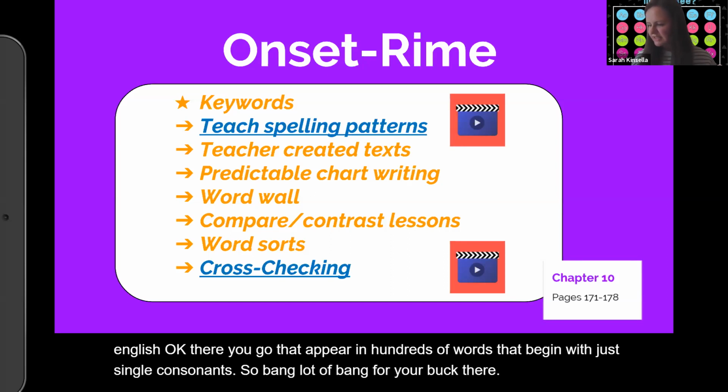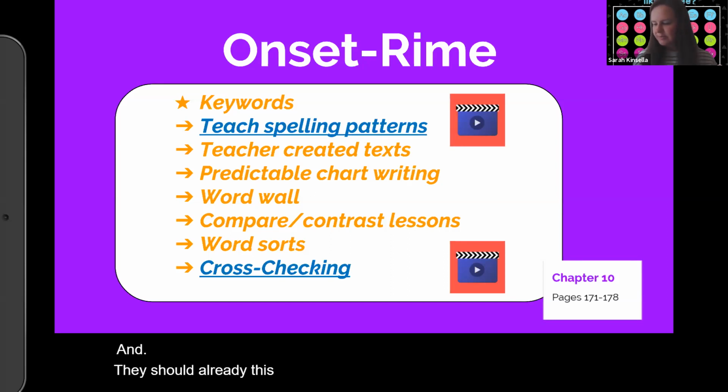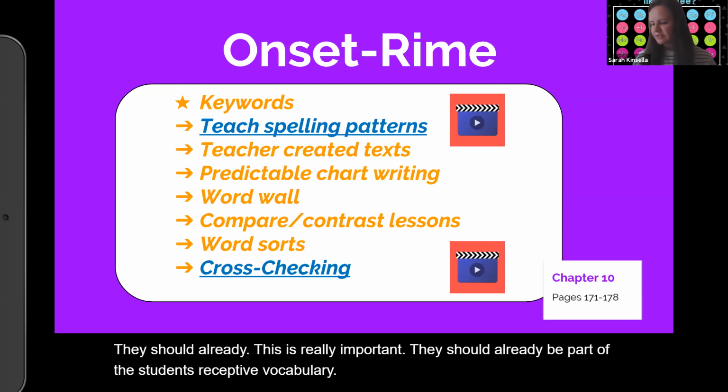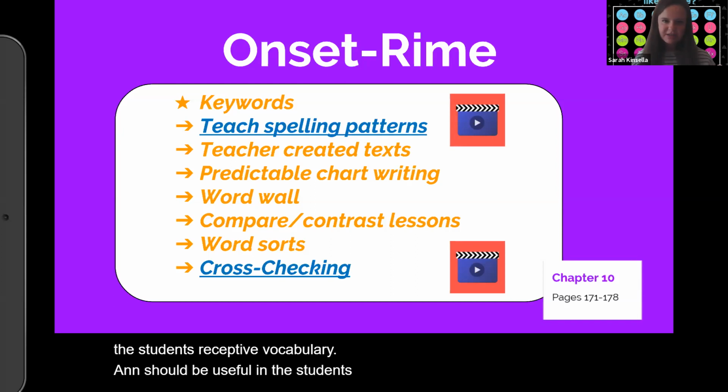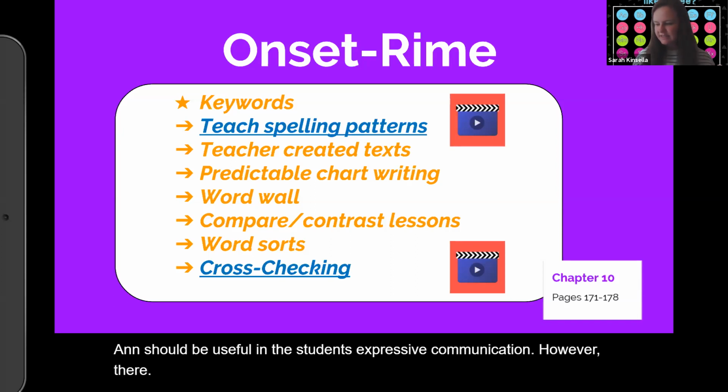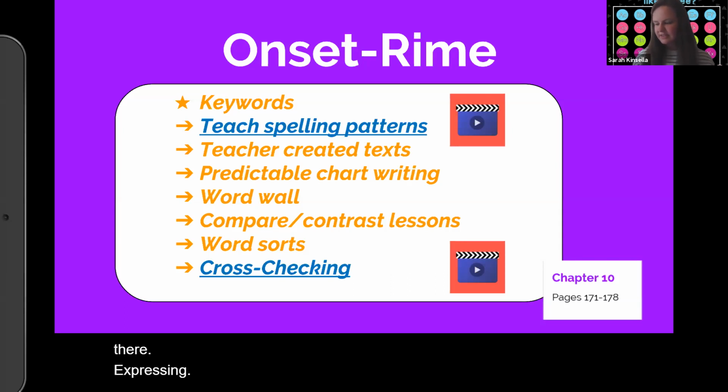And this is really important, they should already be part of the student's receptive vocabulary and should be useful in the student's expressive communication. However they're expressing themselves, it should be a useful thing. Good thing to think about there.